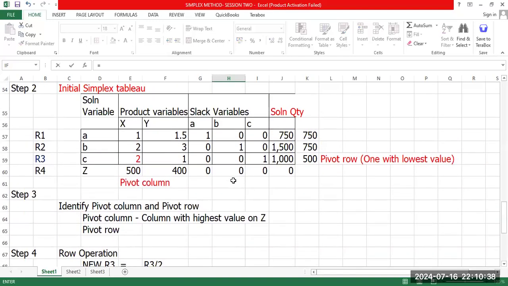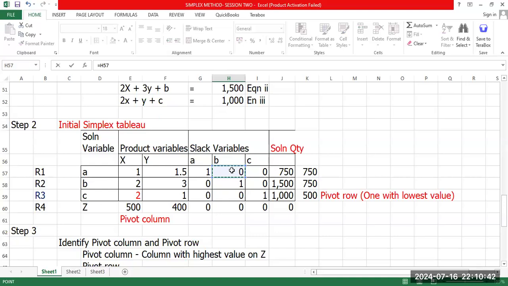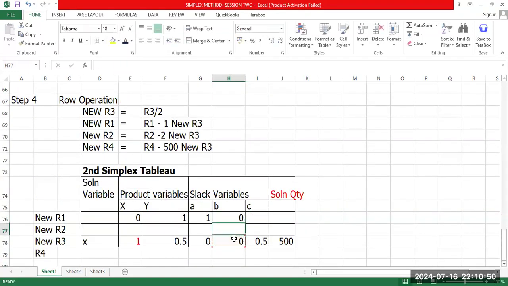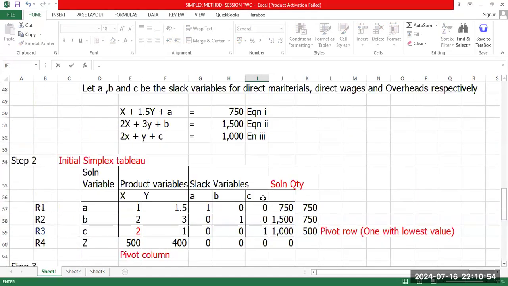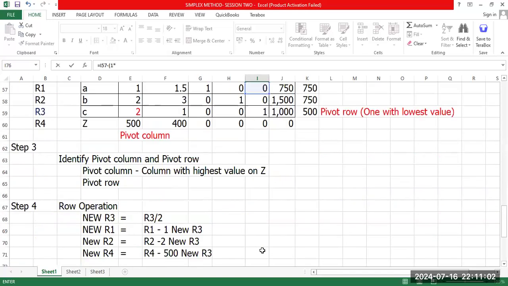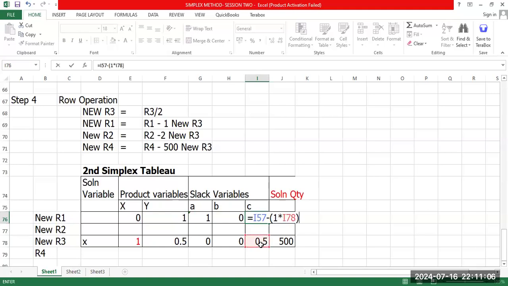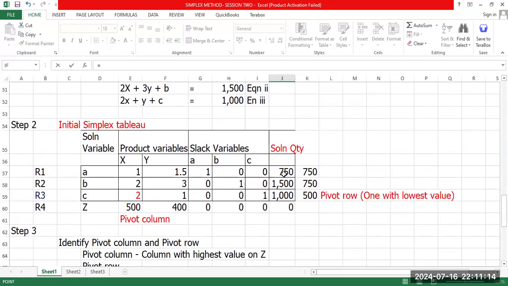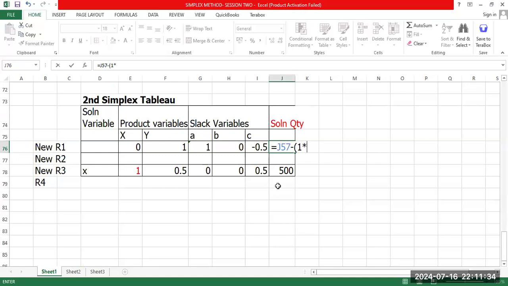Are you done? Say I have 0 minus, open bracket, 1 times 1 times, then here I have this minus, open bracket, 1 times this.